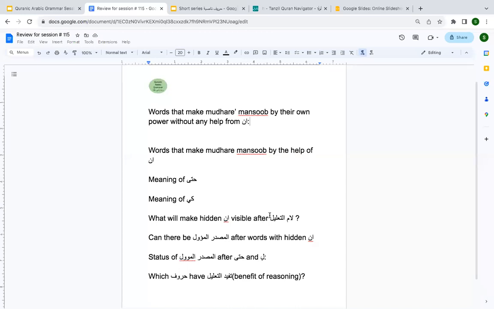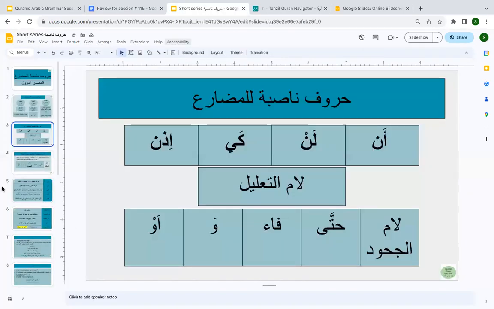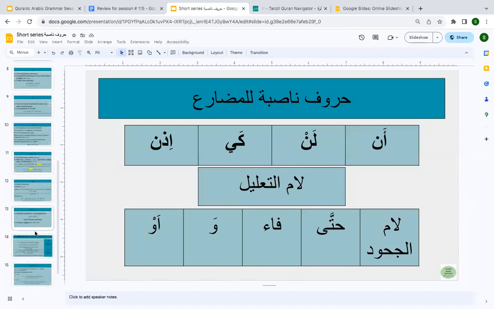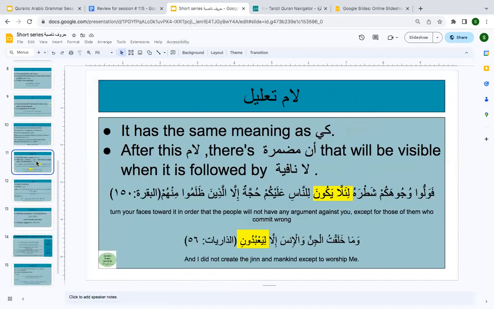It is la nafiya, and that you have it on your slides as well, that la nafiya, when it comes after lamu ta'lil, it will make an visible, right? Li alla, right? Here we have that. Li alla, because when it is followed by la nafiya, you are going to see visible an.